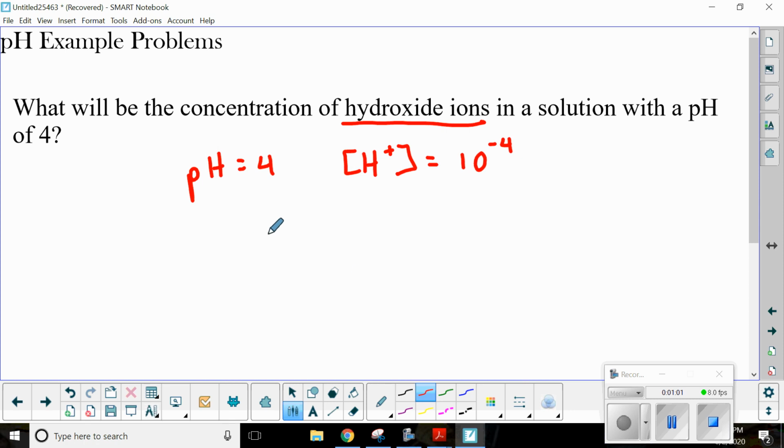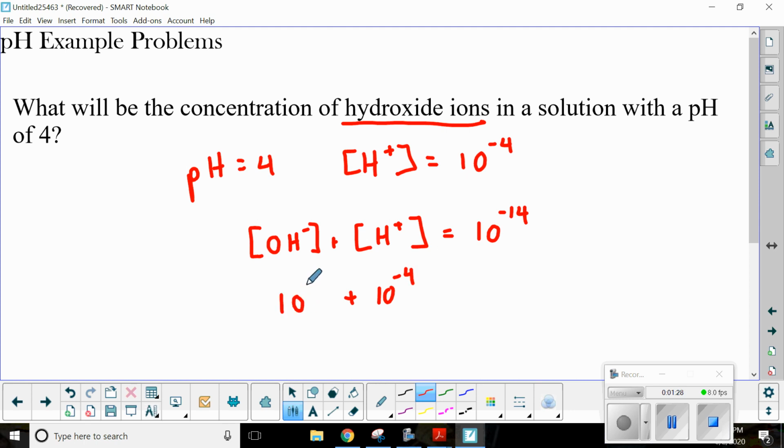Now, I told you in the slideshow that the concentration of hydroxides times the concentration of hydrogens in a solution always has to equal 10 to the negative 14th. So what this means is if the hydrogens are going to be 10 to the negative 4th, it has to be the case that the hydroxides are going to be 10 to the negative 10th.